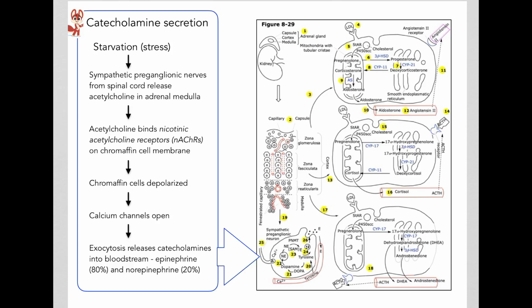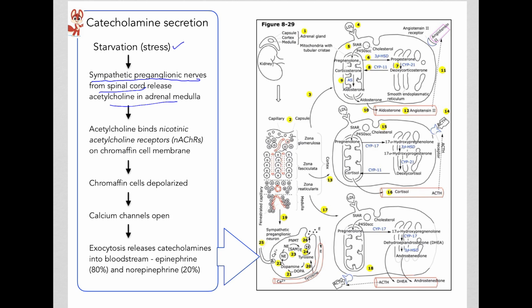So during stressful situations such as starvation, we have these sympathetic preganglionic nerves from the spinal cord. They release acetylcholine in the adrenal medulla.